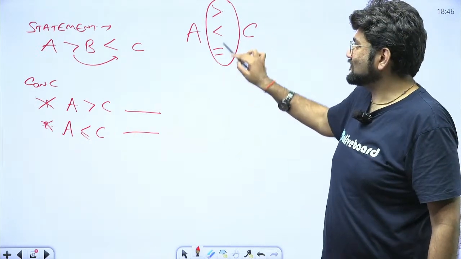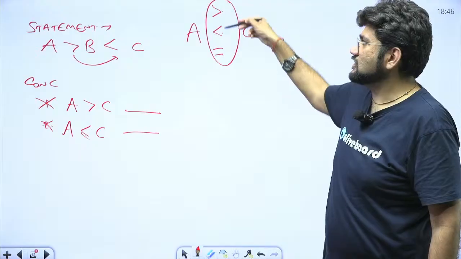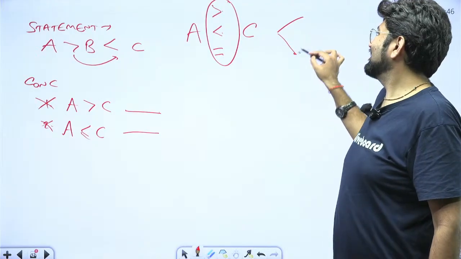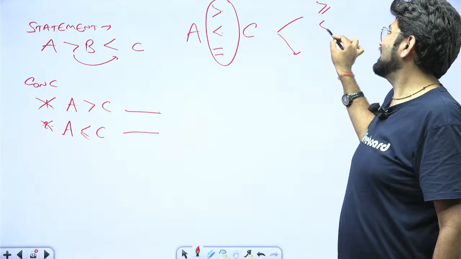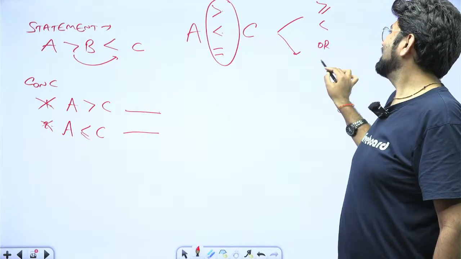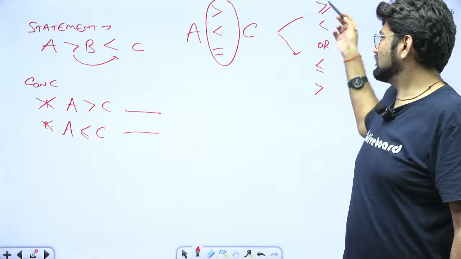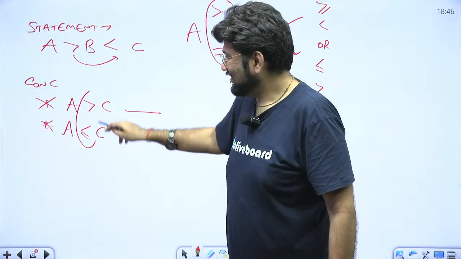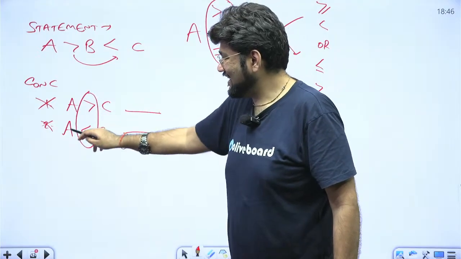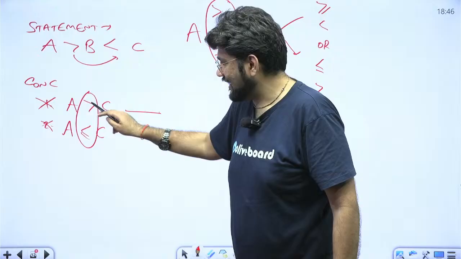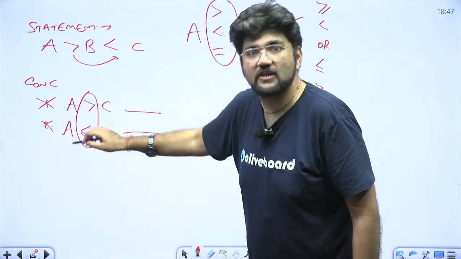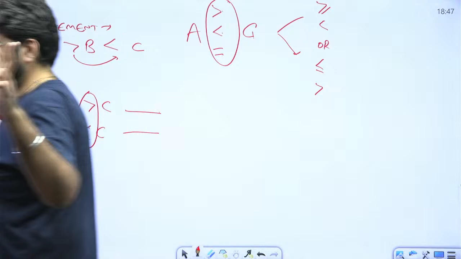So what all options do I have? Greater than, equal to, and less than, or less than, equal to, and greater than. That is what is happening here. A is greater than C and A is less than equal to C. So I have greater than, less than, and equal to. All these three signs are present as a combination between these two elements. Chaitanya, clear now?